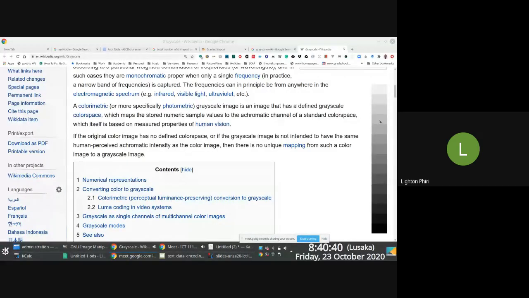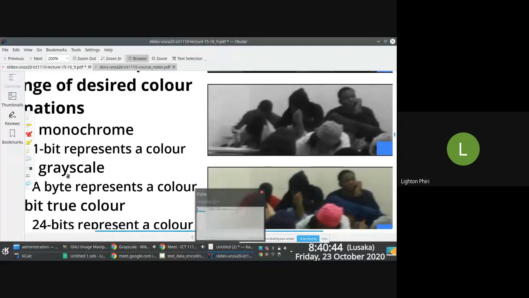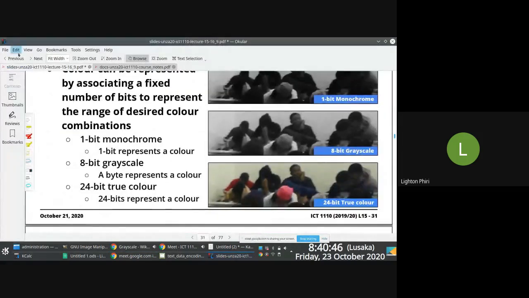It turns out that this is easily achieved by just using something like an 8-bit representation, where the intensity of grayness is determined by the 8 bits that you're working with. So the smaller the number, the more white it is, and the greater the number, the more black it is, or maybe the opposite.